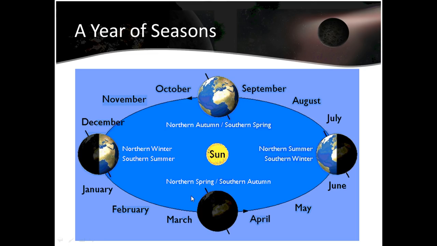We should be experiencing spring at this point, but Mother Nature has other ideas. As you all know, it's been very cold lately. However, based on the positioning of the Earth and the tilt of its axis, we should be experiencing some moderate temperatures right now, because the sun's rays would be hitting our Earth at a somewhat varied angle.